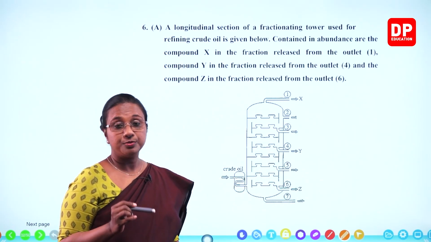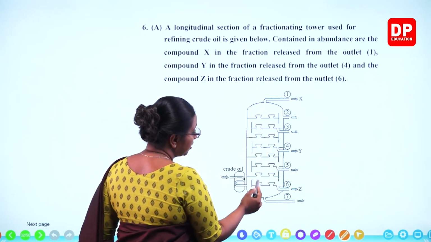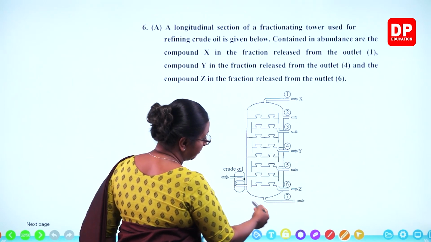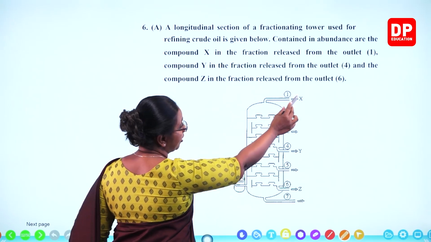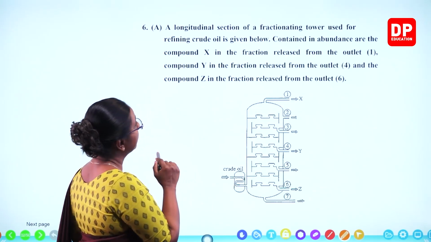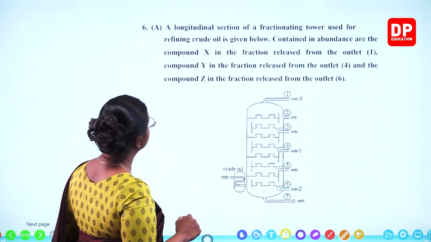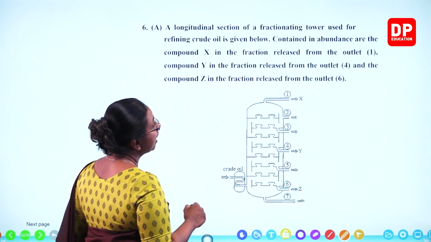You all know that. So as you go from bottom to top, the temperature decreases. The components with higher boiling point come out from the bottom outlets, whereas the lowest boiling point comes out from the first outlet. So here what they have said is contained in abundance are the compound X in the fraction released from the outlet 1.